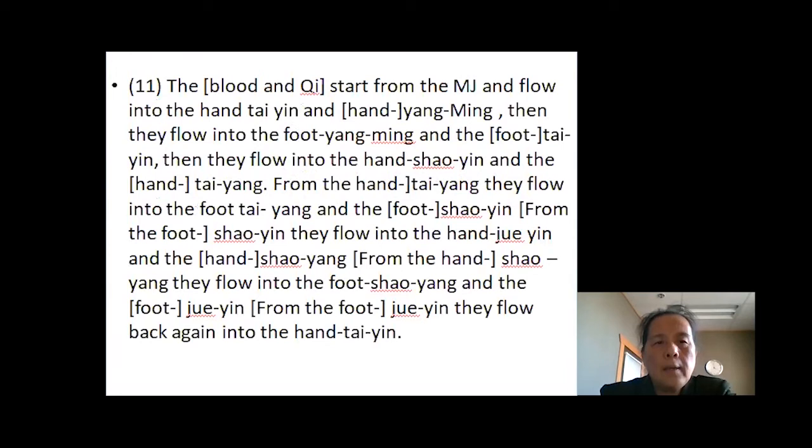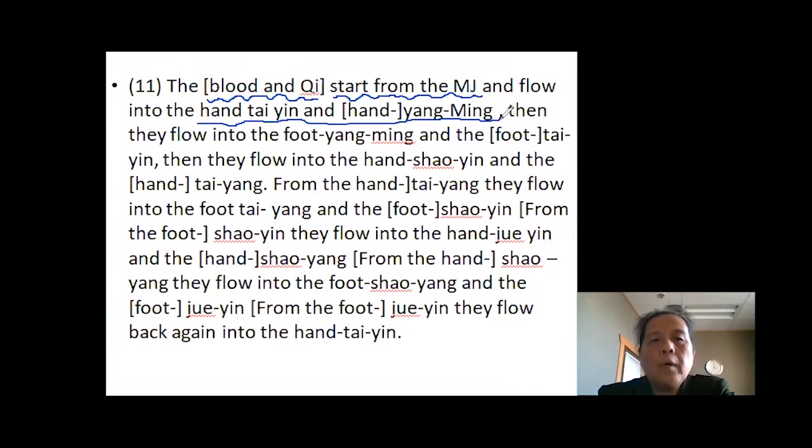And then they talk about where they come from. So they start from the middle jiao. That's the translator adding here, qi and blood. And flowing to the hand yin meridian and hand yang ming meridian.